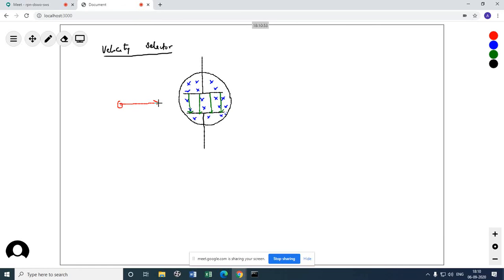So this is its trajectory. It will have three trajectories. One will be deflected like this. Actually, the deflection is not from there; the deflection will be from here only. I'll clean this.